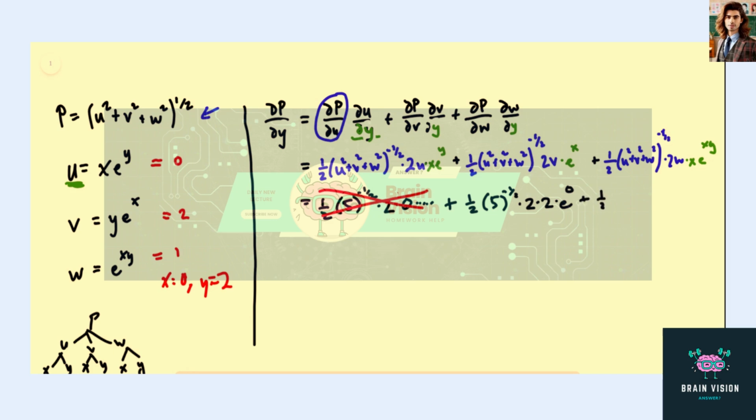Finally, 1/2, 5, none of this is any different, times 2, w equals 1, x equals 0. So this whole term will also disappear. So all that's left is our middle term.